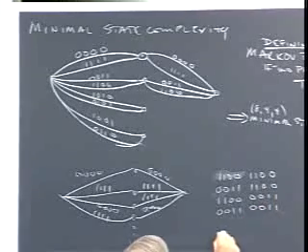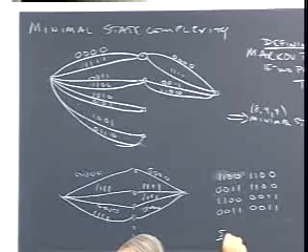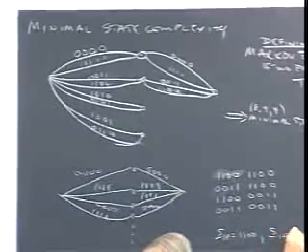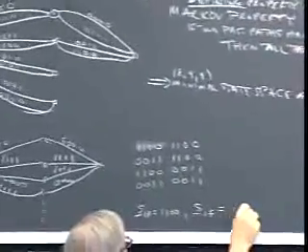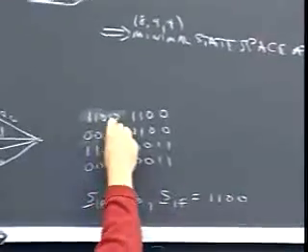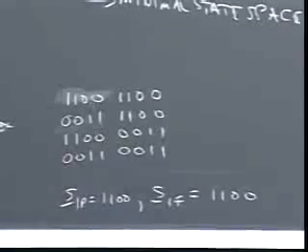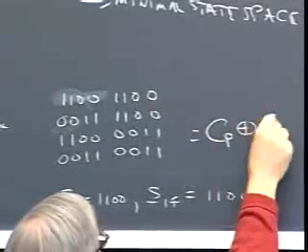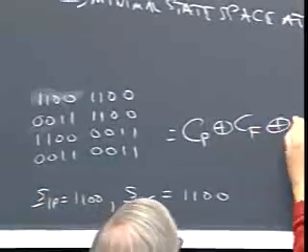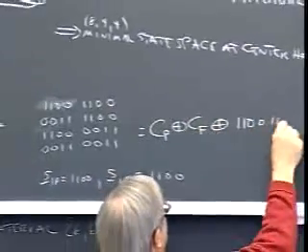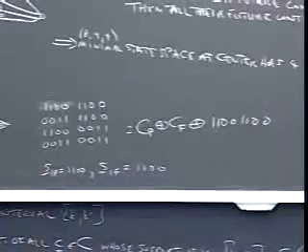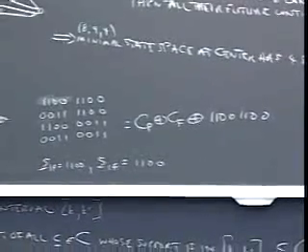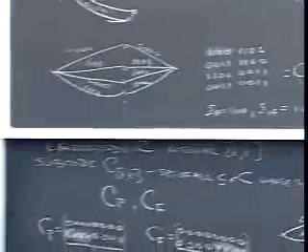And I claim that all four of these have the state projected on the past equals 1, 1, 0, 0. The state projected on the future is 1, 1, 0, 0. And that any of these pasts can be followed by any of these futures. So this is C past plus C future plus 1, 1, 0, 0, 1, 1, 0, 0. That is the claim. Okay?